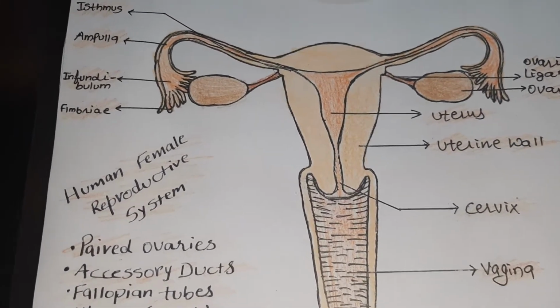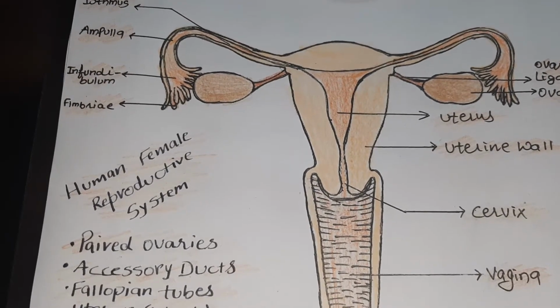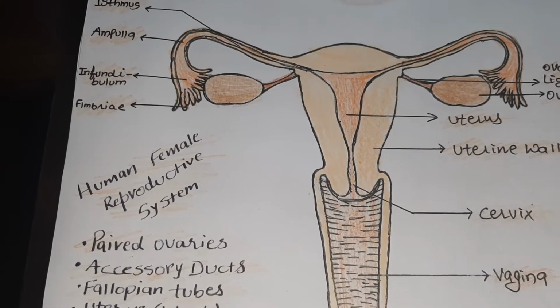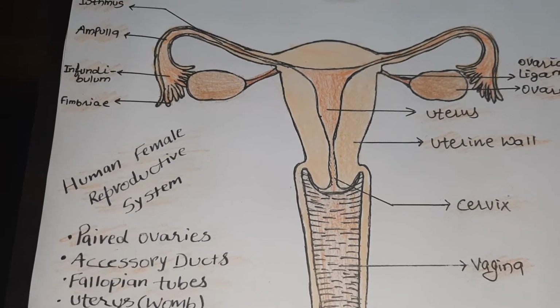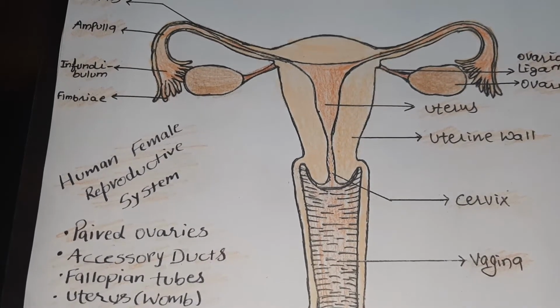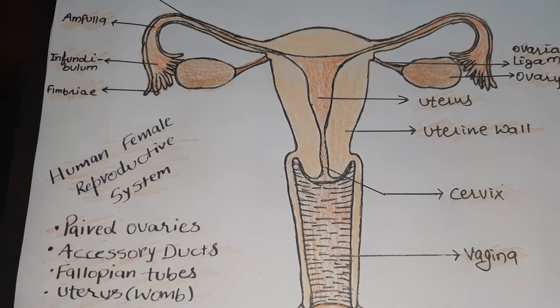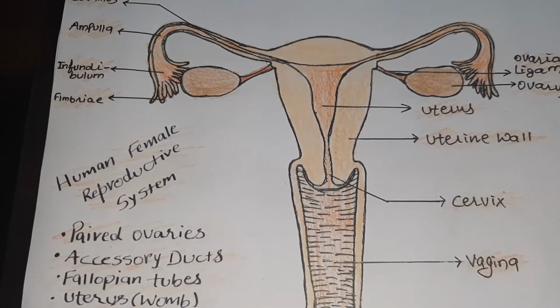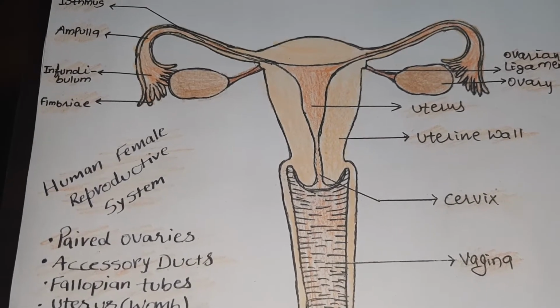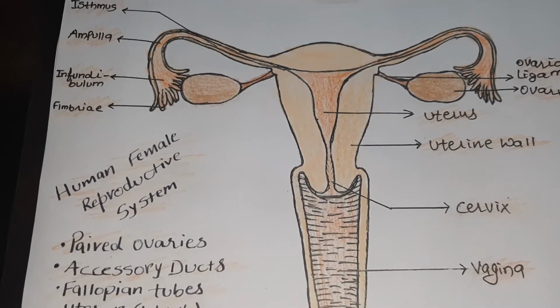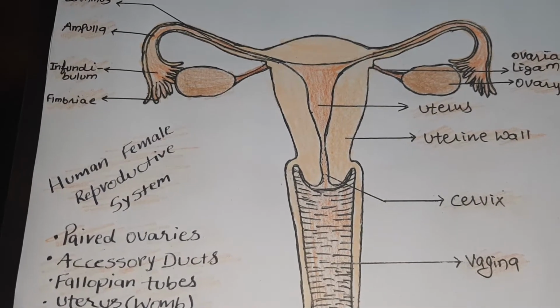You must know that ovary contains a group of cells which we call Graafian follicles, and each follicle carries a centrally located ovum. So later on when I discuss about the oogenesis, I will discuss the section of ovary, along with the structure of Graafian follicle.